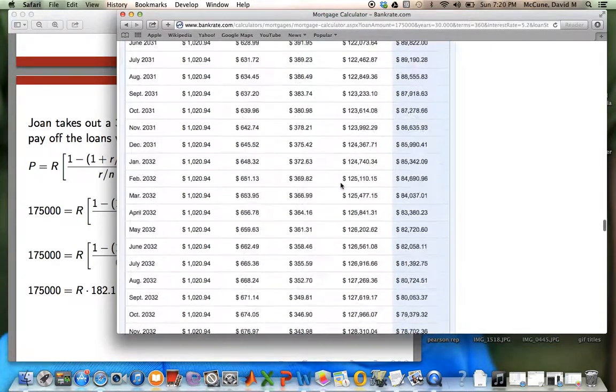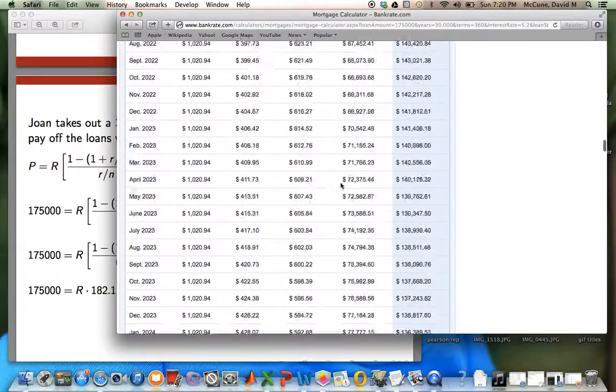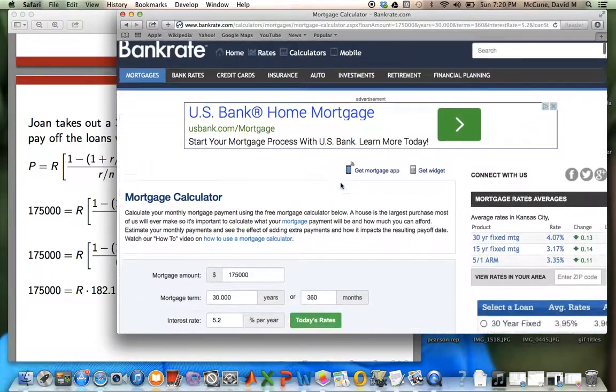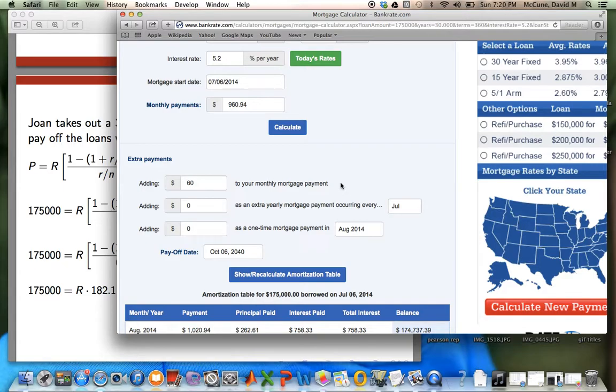This calculator is fun to play with, so you can get a sense of how your loan will go, and you can tweak things like this. Some people don't do an extra amount every month. Some people wait till the end of the year after they get a bonus or something, and they'll pay an extra $600 every December, say, at the end of the year.